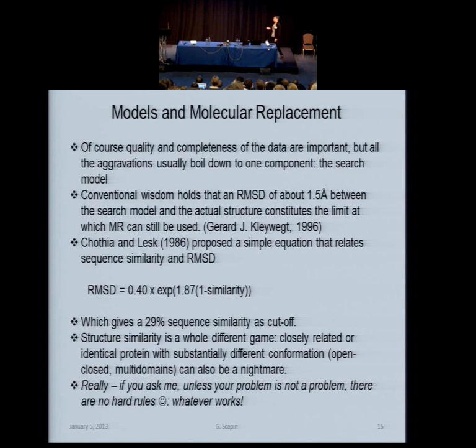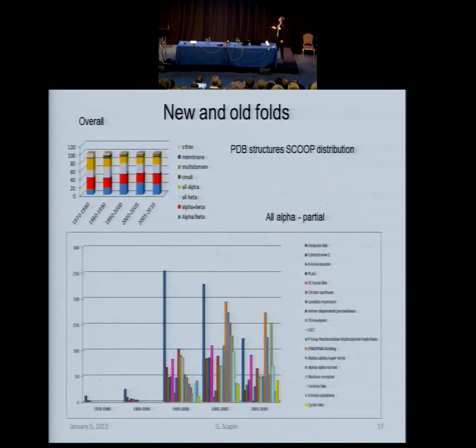won't work. One thing that I think is important, and it was pointed out yesterday, is that there are very few new folds in the PDB, right? So if we take a look at the fold distribution again in the PDB, this is a slightly different view of what was presented yesterday.